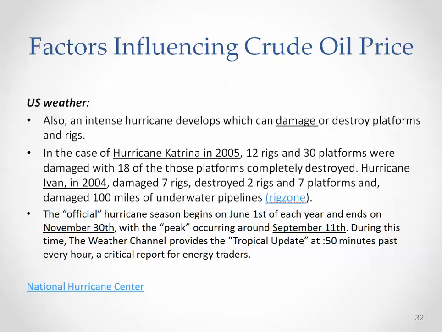For example, in the two cases, Hurricane Katrina in 2005, 12 rigs and 30 platforms were damaged, and 18 of those platforms were completely destroyed. Hurricane Ivan in 2004 damaged 7 rigs and destroyed 2 rigs and 7 platforms.